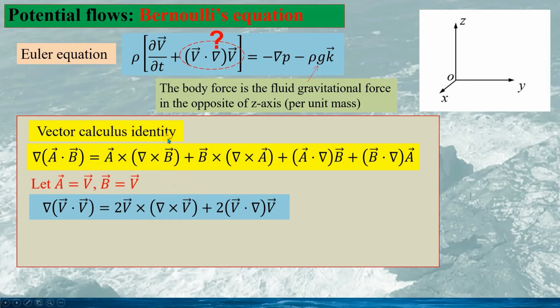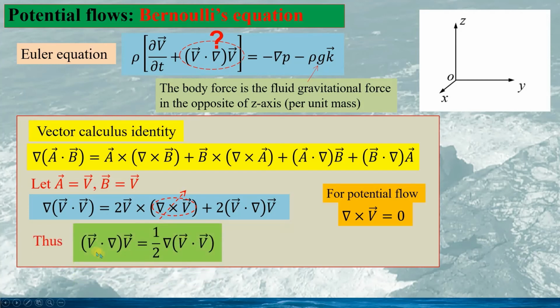Then the vector calculus identity becomes this. Now we can apply the definition of the potential flow. The curl of the velocity vector is 0, thus this term would vanish. Therefore, the convective acceleration term would become as this.